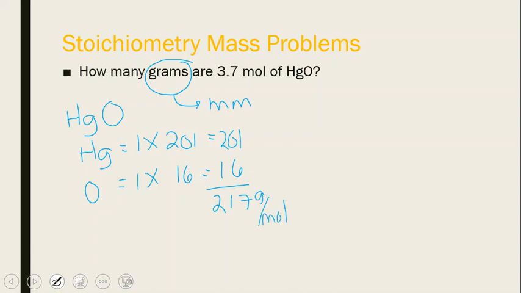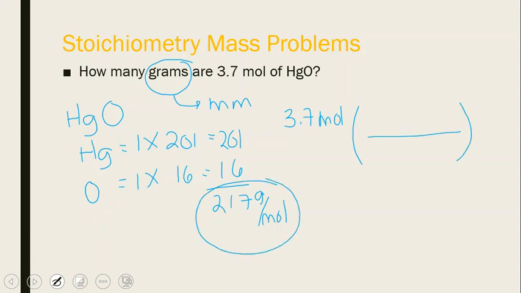To answer the problems, write the data, mole, and the conversion. This molar mass is the mass for 1 mole. Then 1 mole of this compound, mercury oxide, is 217 grams.